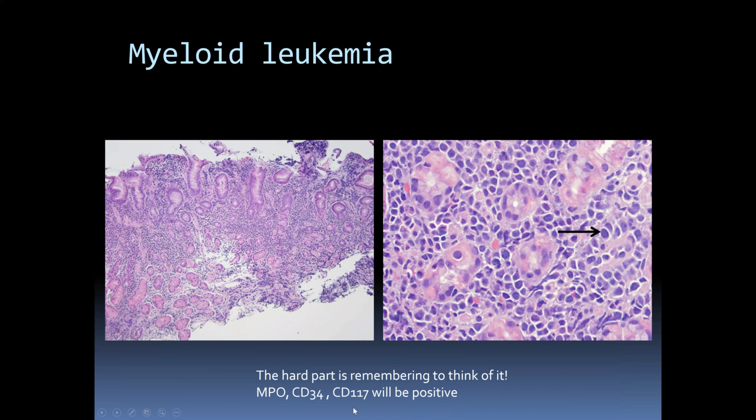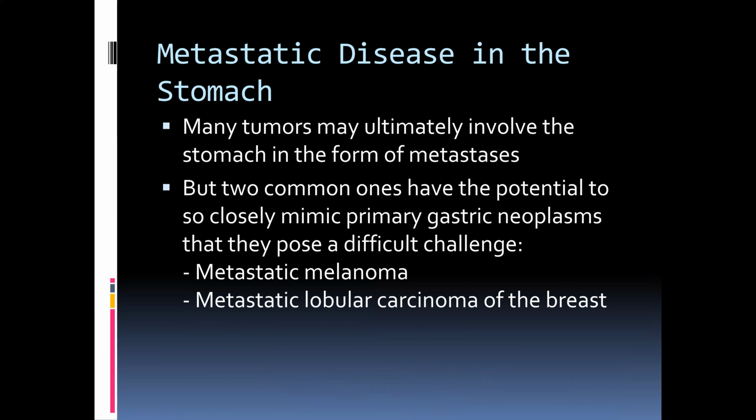Metastatic disease also can occur in the stomach. So as you think about metastatic carcinomas or tumors that may come to the stomach, it's important to think of that. But probably the most important things are to remember the ones that can mimic primary gastric neoplasms.